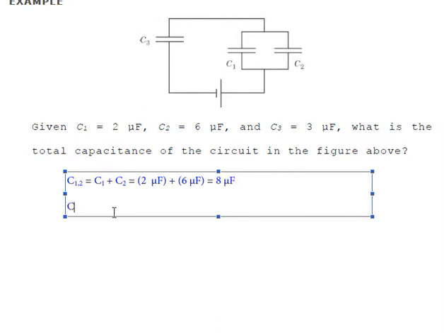So our overall equivalent capacitance is just the inverse of the sum of the inverses. So 1 over 8 microfarads plus, what was C3? 1 over 3 microfarads, and then we invert that.